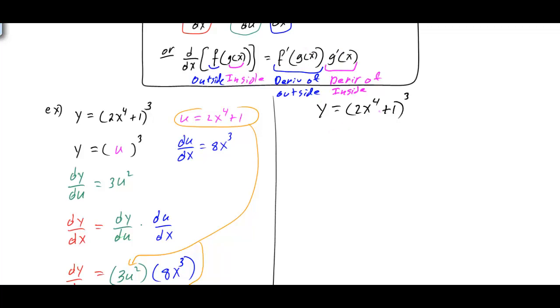So I'm going to show you this is going to be a whole lot easier. Once again, if we want to find the derivative y prime, we're simply going to take the derivative of the outside, and then you're going to multiply that by the derivative of the inside.